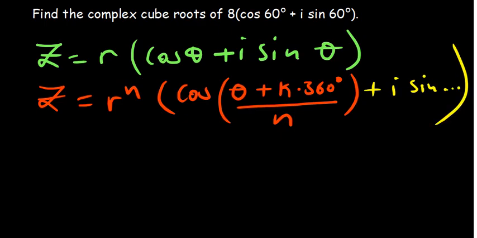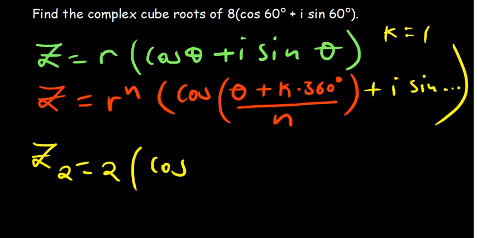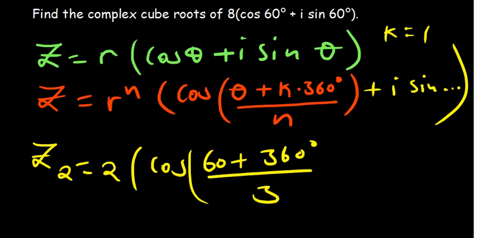So for a second possible value, we are saying our k is equal to 1. Therefore our z2 is going to be, our r in this case is 8, and the third root of 8 is 2. So we have cos of 60 plus, k is equal to 1, so 360, divided by 3. Whatever we're going to have is going to apply to the sine as well.